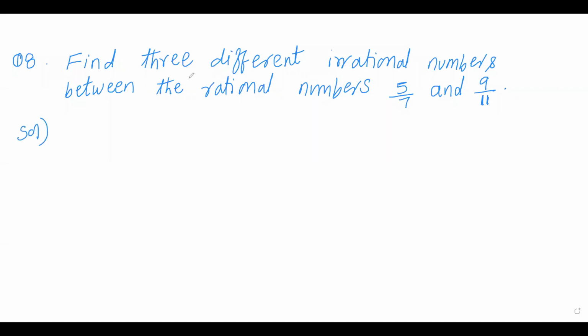In this question, he is asking to write three different irrational numbers between the rational numbers 5 by 7 and 9 by 11.